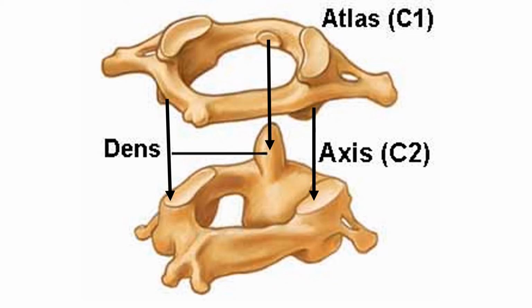First of all, the lateral mass of the atlas is going to sit on the facet of the axis, and this one is going to sit here and articulate with it, plus this odontoid process or the axis is going to go to this place here and articulate with a special facet on the anterior arch of the cervical C1 vertebra.